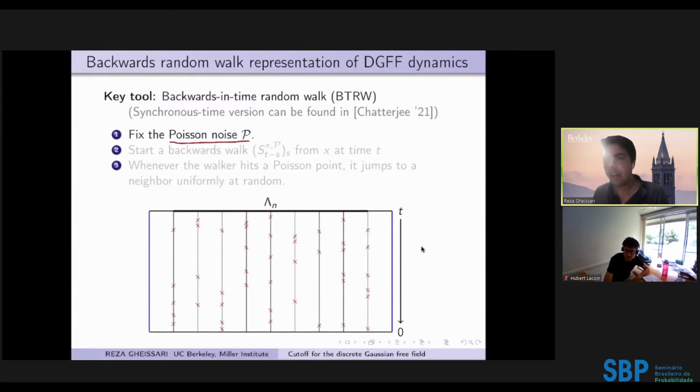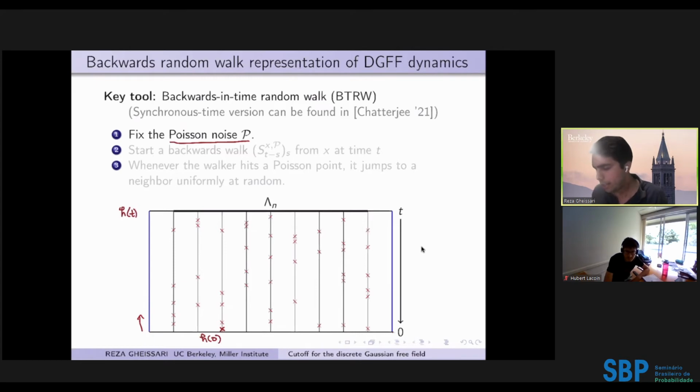So if you recall, I was saying you start your Glauber dynamics H of 0 at time 0, and we were running forwards in time. And whenever we encountered one of these x's, we'd update the height at that vertex according to the average of its neighbors plus an independent Gaussian, right? So that's the Glauber dynamics moving forward in time, and you get some surface up here, H of t.